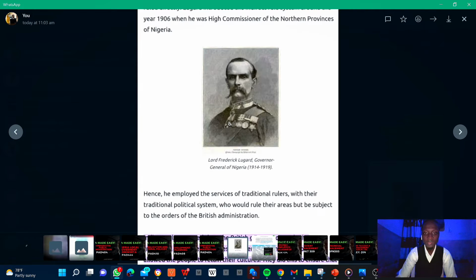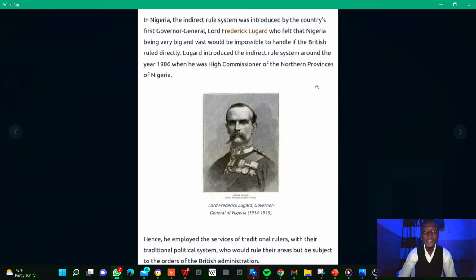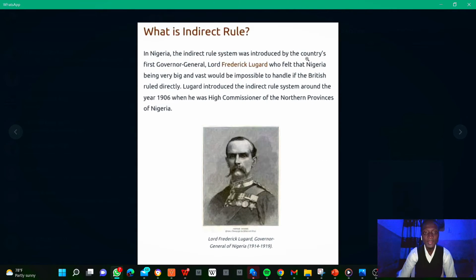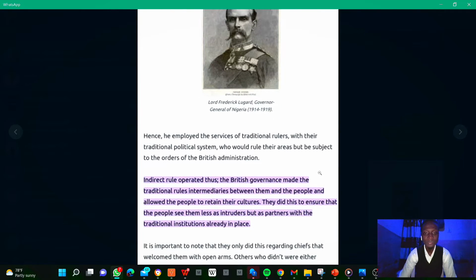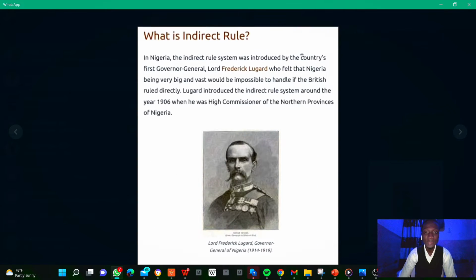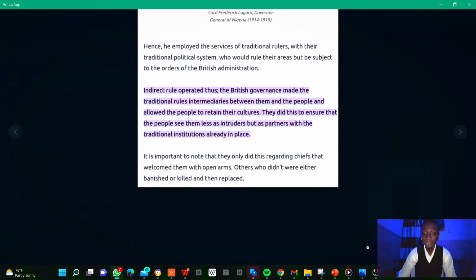It says, as you can see here, it was propagated by Lord Lugard. You can take your time to go through this. The indirect rule was propagated by Lord Lugard. So let's just head back.